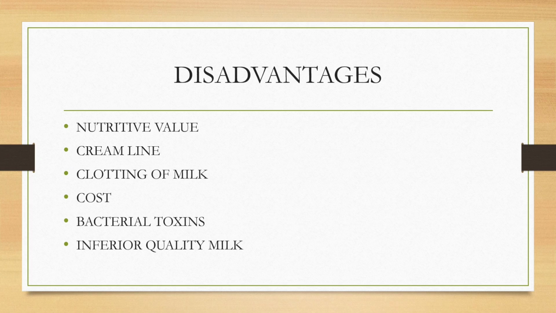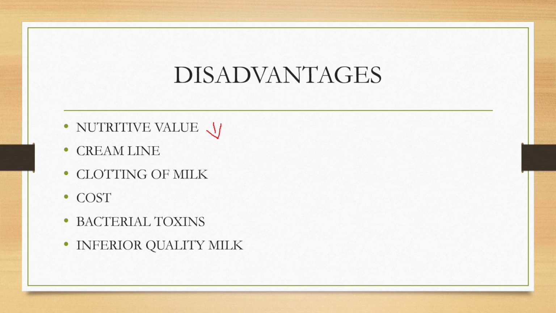Now, when we have some kind of advantages, we definitely have disadvantages, right? When you talk about disadvantages, particularly in thermal processing, and here we're studying pasteurization: when a food is boiled or heated, the nutritive value will always decrease. Particularly in pasteurization, the nutritive value decreases.